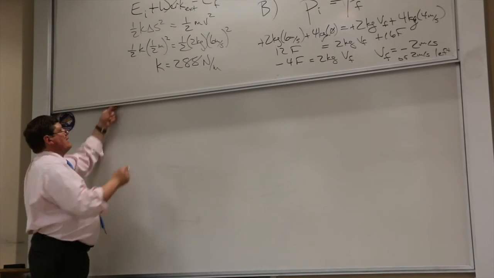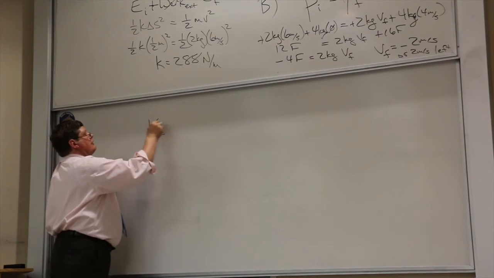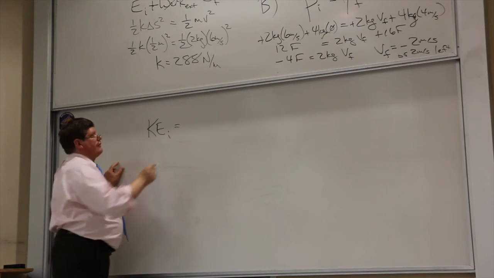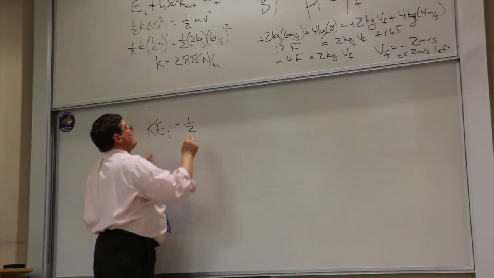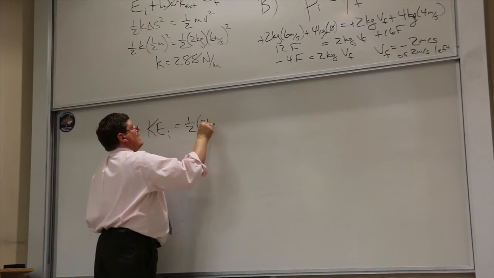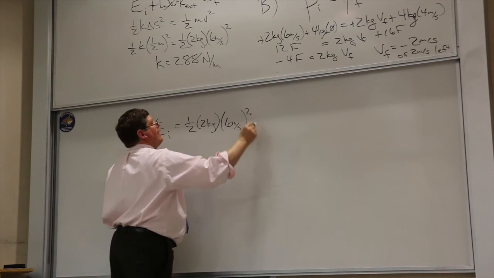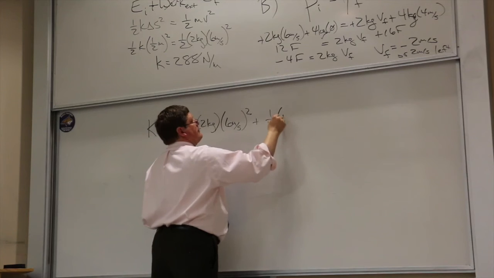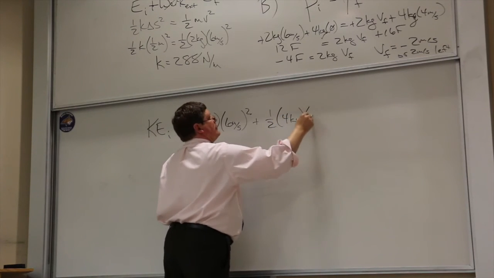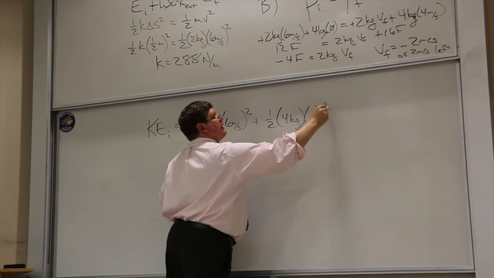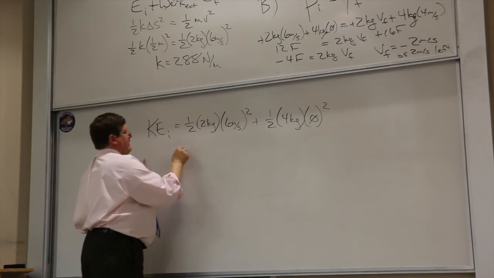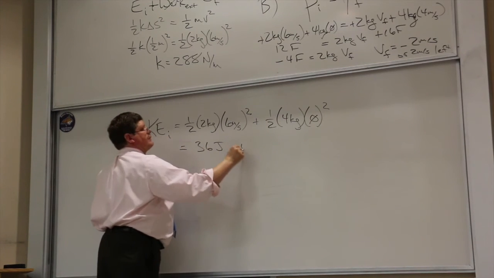You have to find the initial kinetic energy before the collision. That's going to be 1/2 times the 2 kilograms that was moving at 6 meters per second squared, plus 1/2 times the 4 kilograms that wasn't moving. Remember to square it. That's going to be 36 joules plus 0.